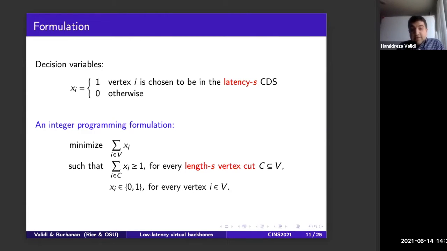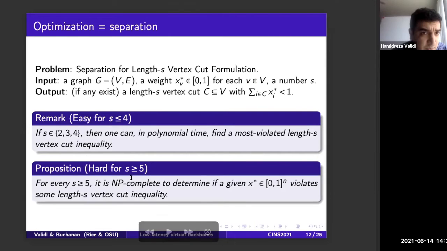But after solving the problem with initial constraints at a branch and bound node, you get a solution like x star. Then you should look at this solution and check its feasibility: does it satisfy all the constraints here? This problem is the separation problem.